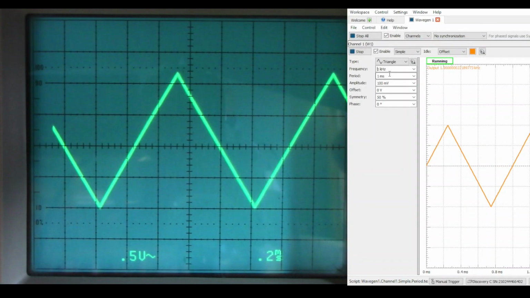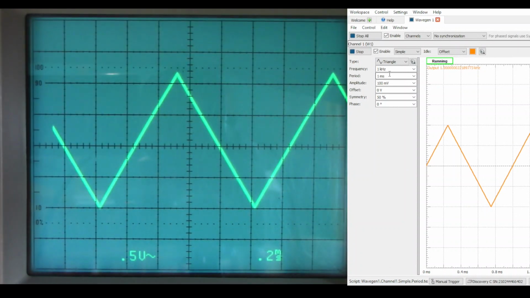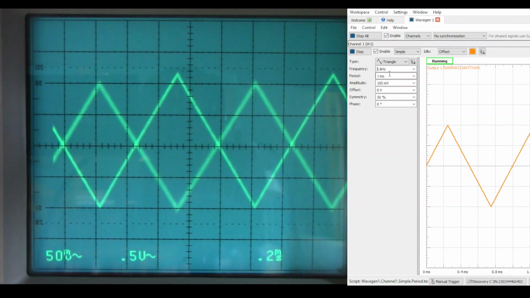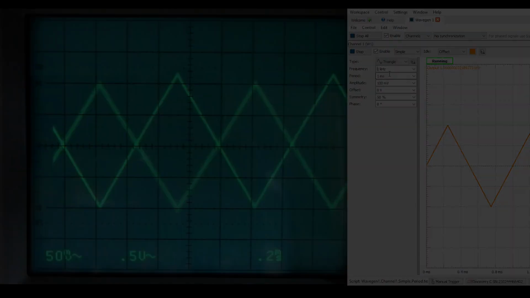Let me show you another trick that I find quite useful for identifying distortion and performance in the amplifier. We'll turn on the other channel, and then we'll shift to a mode known as the XY display.